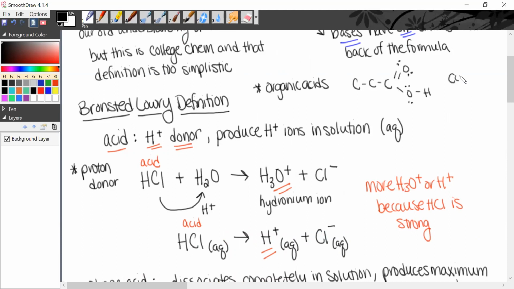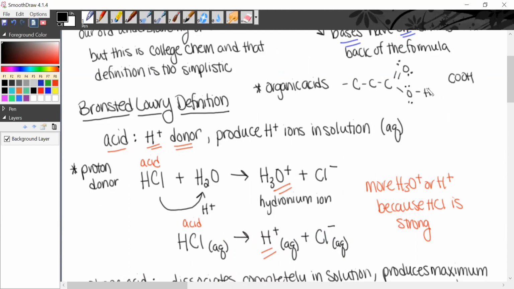This COOH group at the end of an organic acid confuses people. They think, oh, look, OH, that's a hydroxide ion. No, it's not, okay? And this carbon chain can continue for as many carbons as we want.